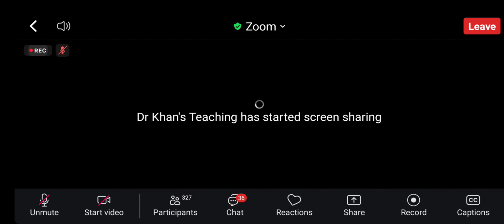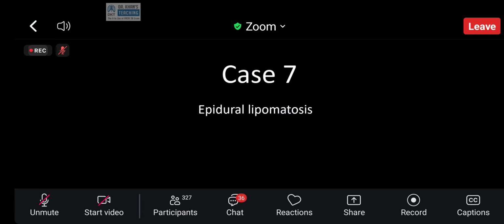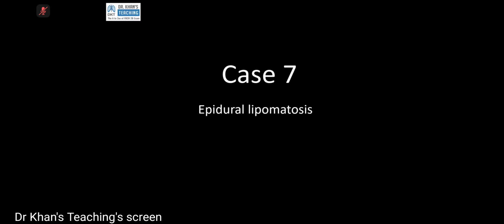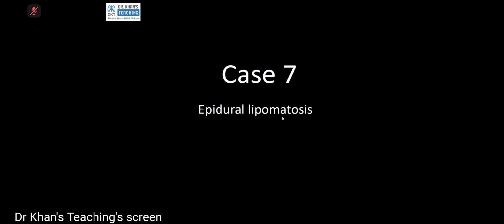So this is a case of epidural lipomatosis. So what happens in epidural lipomatosis? Basically there is increased fat in the epidural space. Now the causes can be idiopathic or obesity, which is the most common cause.